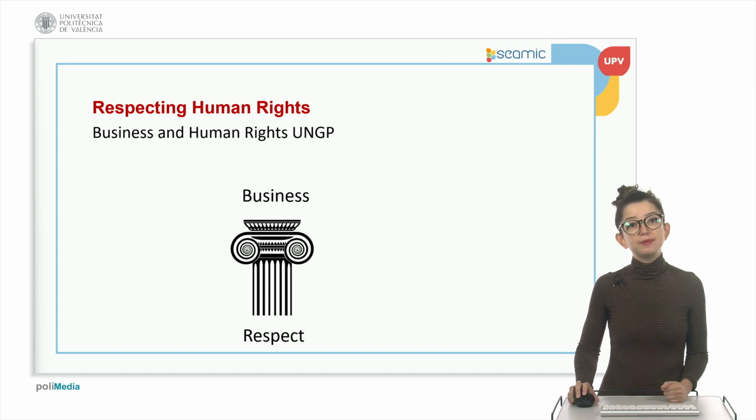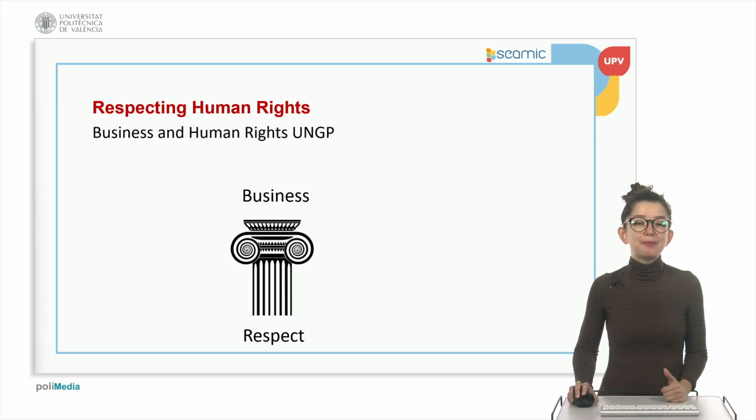Second, companies must respect the internationally recognized human rights in the International Charter of Human Rights and the principles of the ILO Declaration. Third, companies must avoid and mitigate their practices from having negative consequences on human rights.